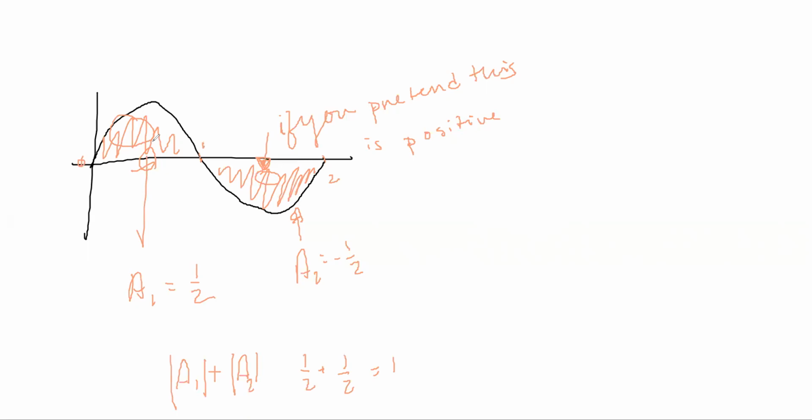That's just the reason they had it split up. Okay. That's why they did that. Not necessarily because it was the best way to solve it. You can just find the integral from 0 to 4. They just wanted to illustrate the fact that we had to look at this chunk as positive and this chunk as negative. So, all's good.